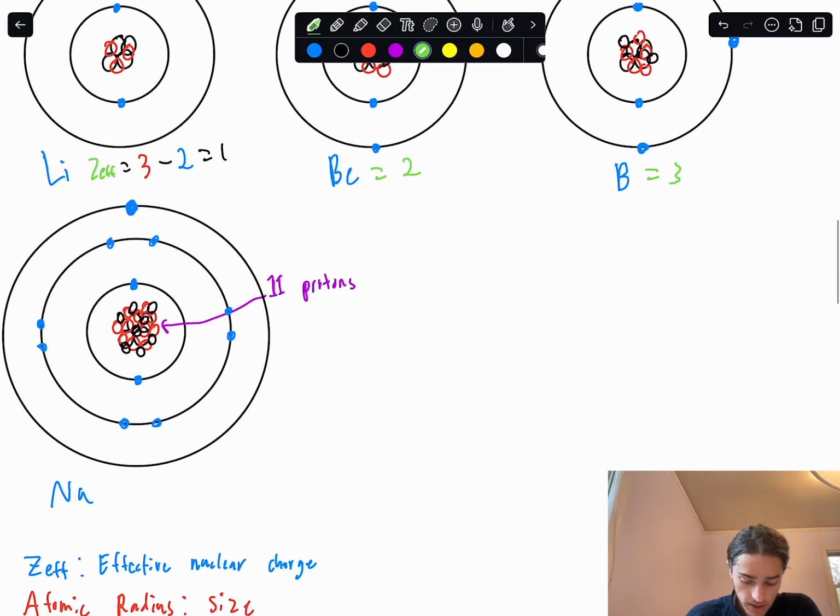Then if we did sodium, don't be intimidated by the fact that now we have 3 shells. If you're looking from the valence electron's perspective, everything in the shells closer than it, we're going to count as blocking a proton. So since it has 11 protons and there's 10 electrons blocking, that means that this valence electron has a Z effective of 1.